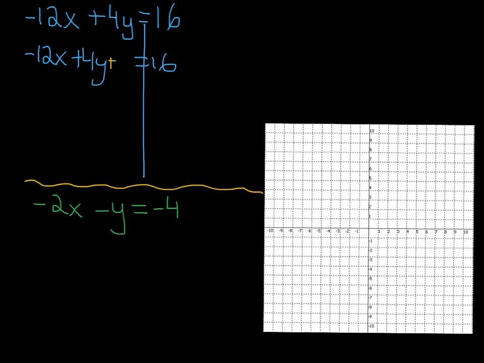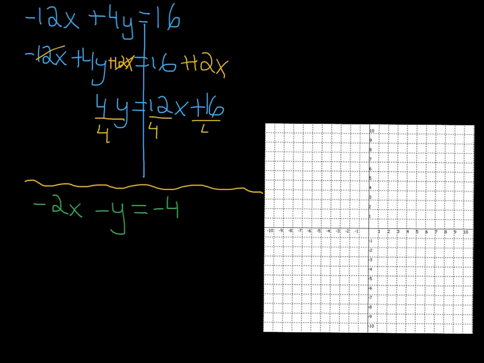I need to add 12x on both sides. So 4y equals, I'm going to flip these so the slope shows up first, 12x plus 16. And now I need to divide everything by 4. So y equals 3x plus 4. And now we can graph that equation.